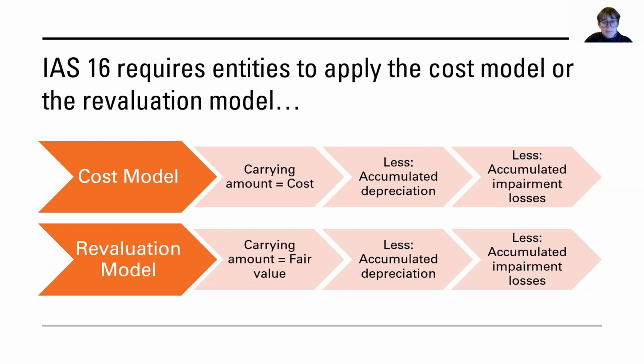The revaluation model is very similar in that you would still deduct the accumulated depreciation as well as the accumulated impairment loss. However, the revaluation model uses fair value for the carrying amount as opposed to cost.